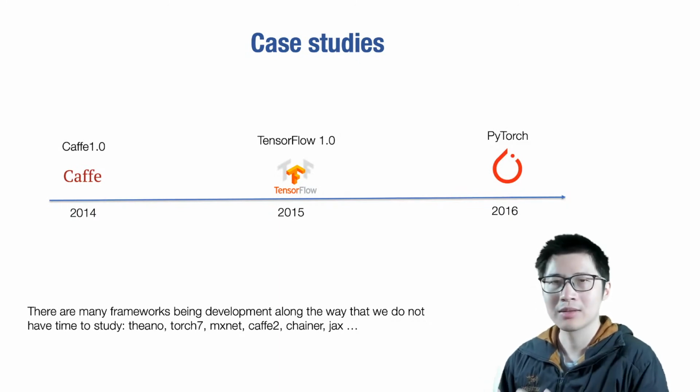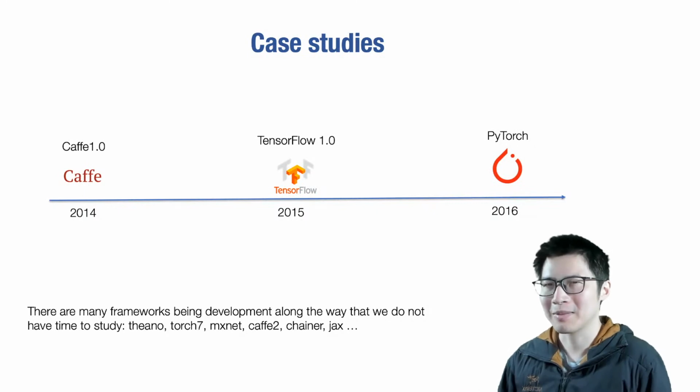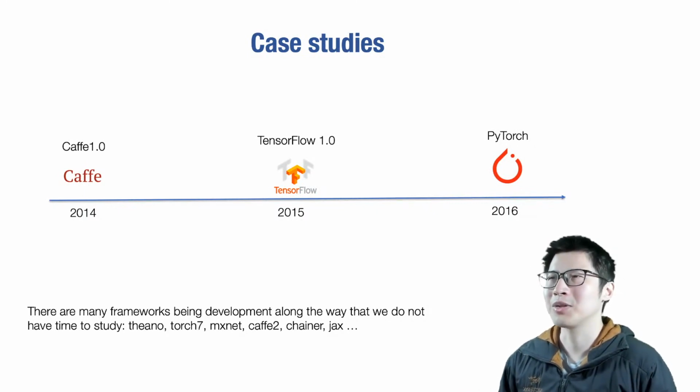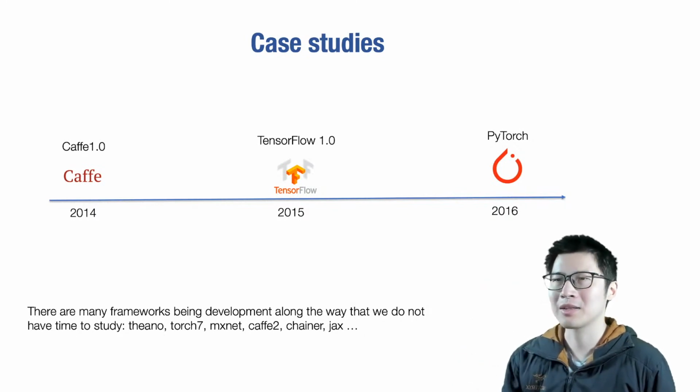So these three frameworks were quite popular and dominated the market for a period of time in the history of machine learning frameworks. Of course, there are many frameworks being developed along the way besides these three, right?